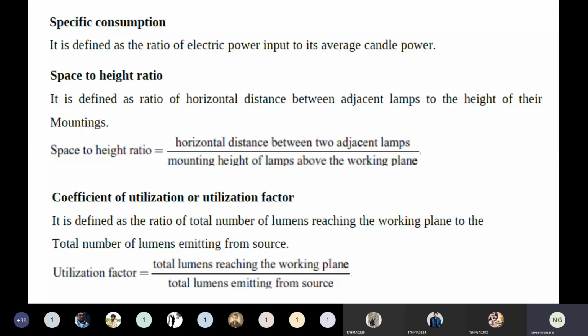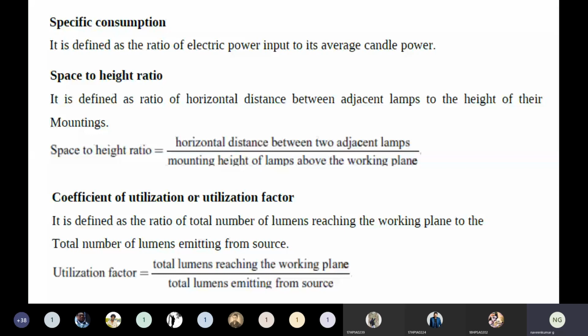Instead, it is just wasted in terms of some reflections and refractions. Some of the illumination is absorbed, it is reflected by the media present in that particular space, air, gas, etc. So utilization factor is the total lumens reaching the working plane.